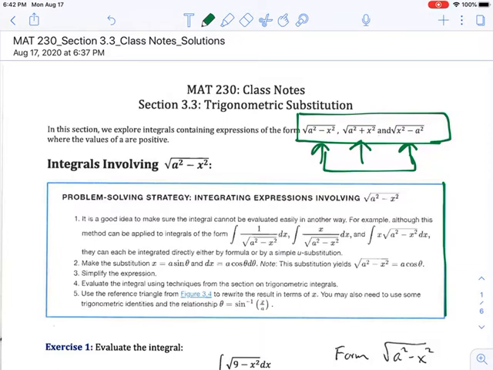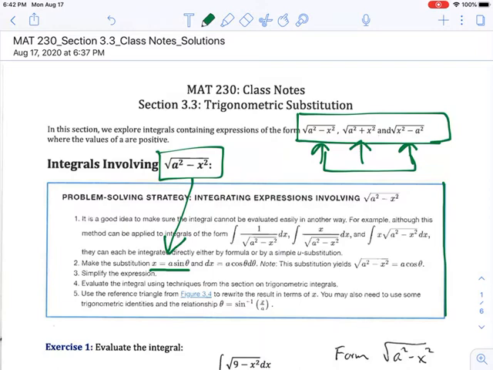The substitution involves letting x be equal to a, the constant, times the sine of the angle theta. That's the key part right here, and when you see this form, this is your trigonometric substitution.